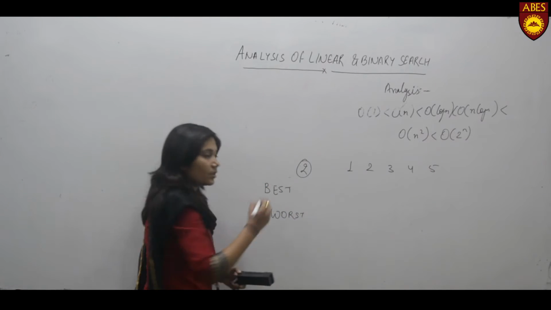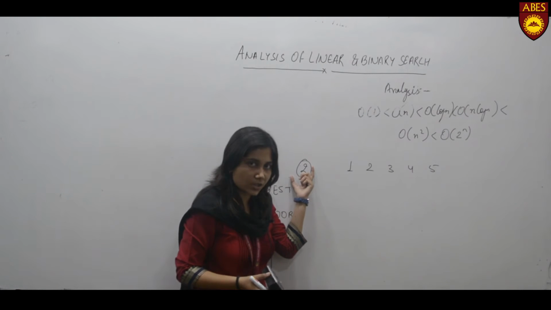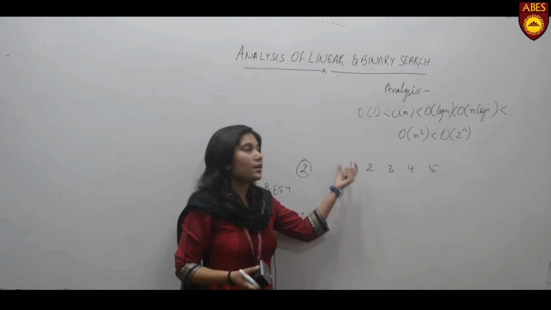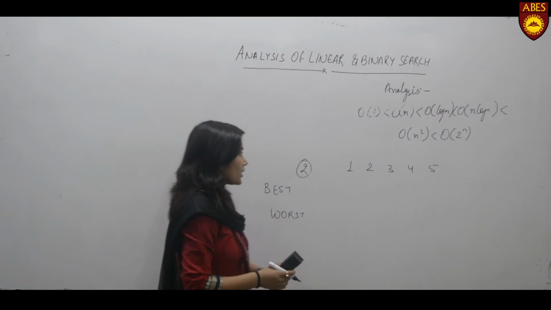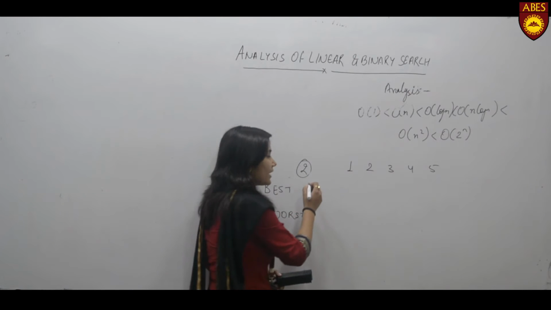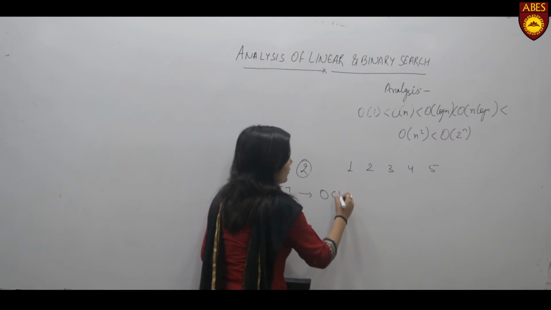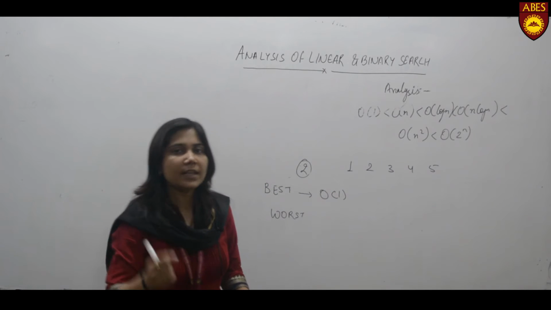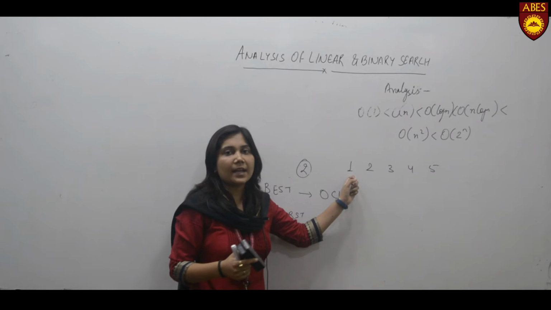In the best case scenario, it might be possible that the element we are searching for exists at the very first position of the array. So if we find this element at the very first position, the time complexity will be order of 1, because we took only 1 second to find this element in the array.